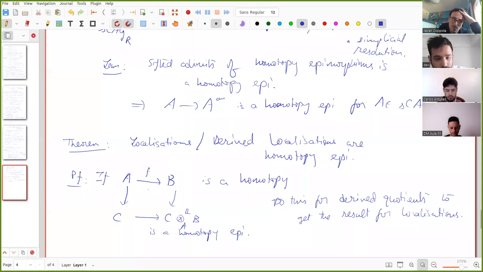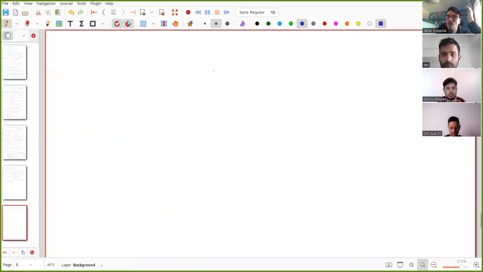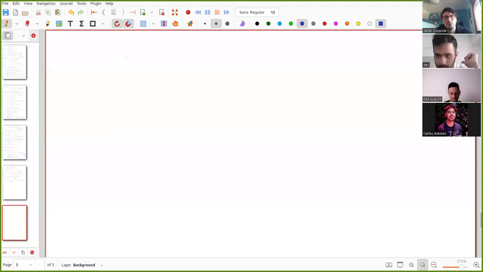Right, so that shows that localizations and analytifications are both homotopy epimorphisms. So we can reduce the Hochschild homology computation for these complicated algebras to simpler algebras, which we can always say something about.